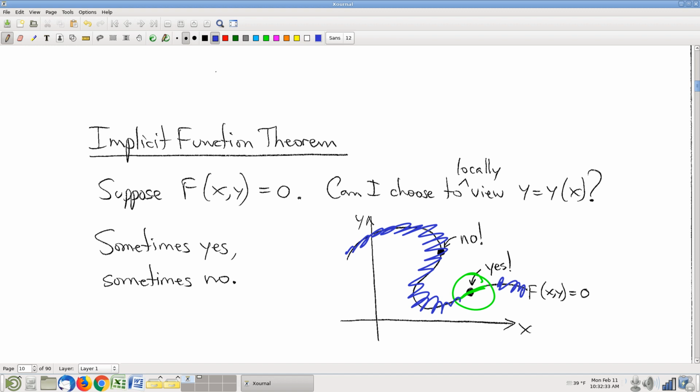Once I've thrown away the rest of that curve, now this function does not fail the vertical line test. This passes the vertical line test. Now I can view y as being a function of x. Right? Said differently, now I can view this as a graph, as opposed to previously I'd been viewing it as a level set.